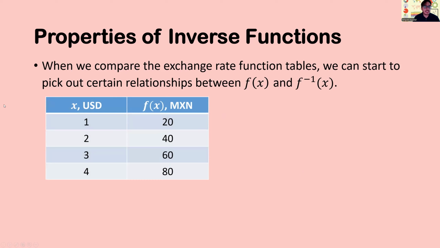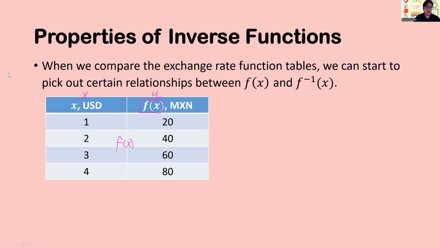I'm going to label these as x and y just so that it's a little bit clearer. Obviously, this column of US dollars is x, and our function output is the same thing as our y values. So we have an x column and a y column, and that's our original function, which we call f of x.